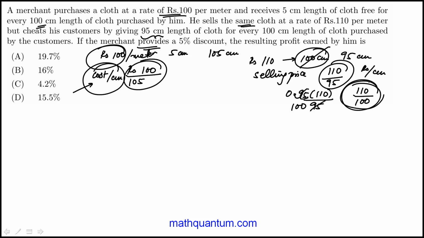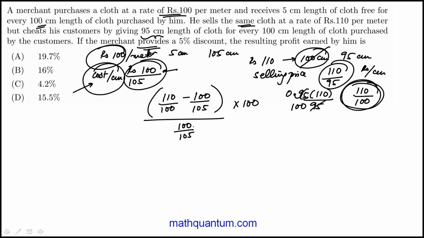So the profit would be the difference between these two, and that's the cost, divided by the cost times 100. Now, of course, when I divide this by that will give you 1, so it's really just the ratio of these two. So that's the intermediate step.